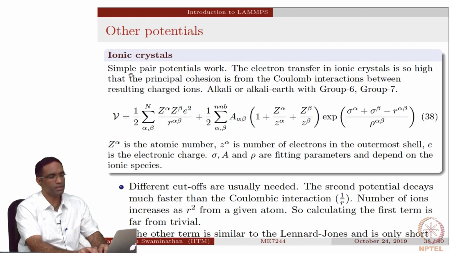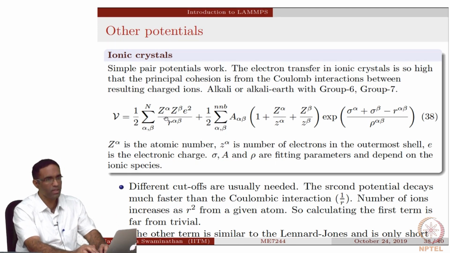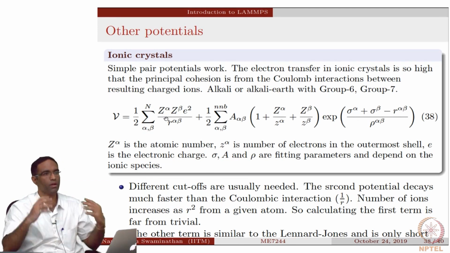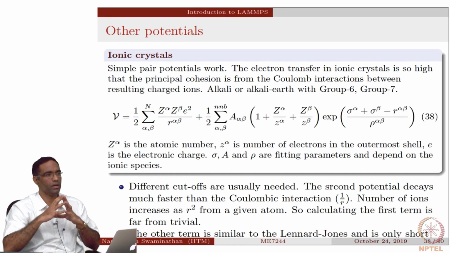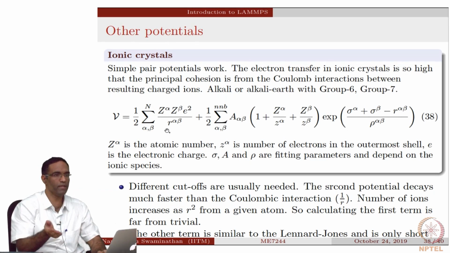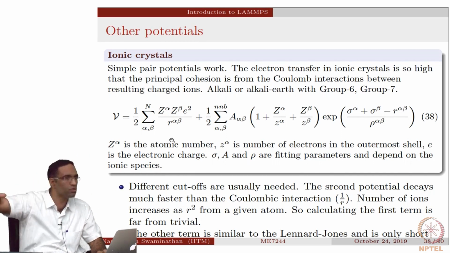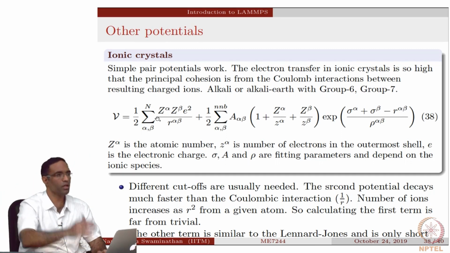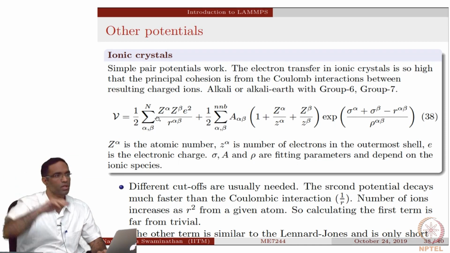Now the computation of this is actually quite challenging, and people have developed a lot of smart ways to compute it, so that you can find the cutoff radius in such a way that within that cutoff radius this term converges to some value, right? But this actually converges over a very large distance.